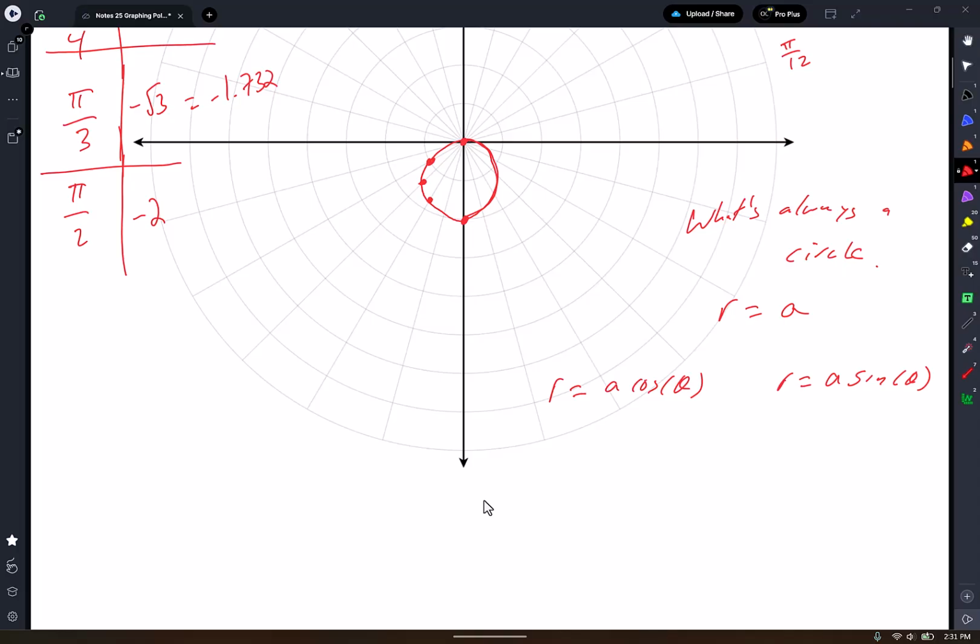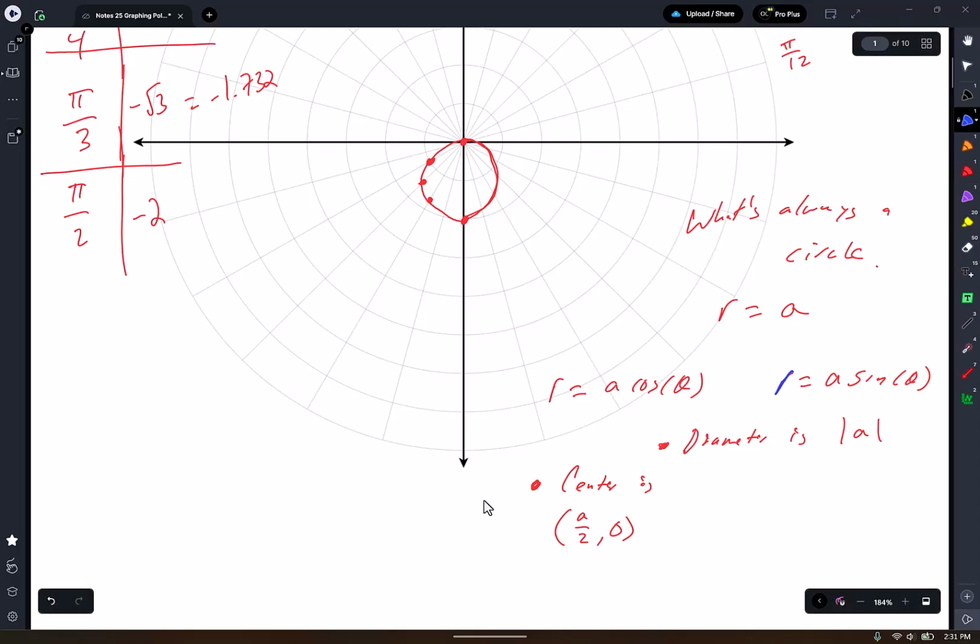For both of these, I'm going to write what they have in common. Diameter is the absolute value of a. For the one on the left, the cosine one, I'm going to write the bullet here on the left. Center is, in parentheses, this is symmetric on the x-axis, so the center is going to be a over 2, 0. I guess I should have color-coded.